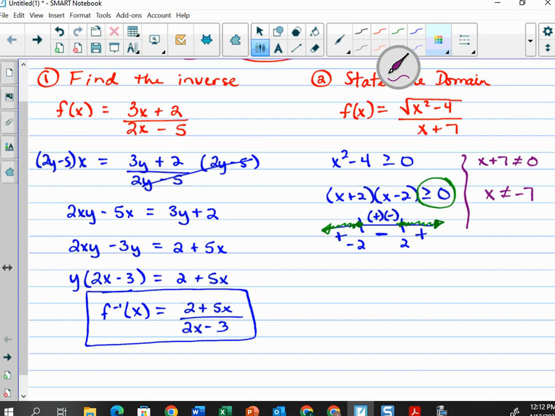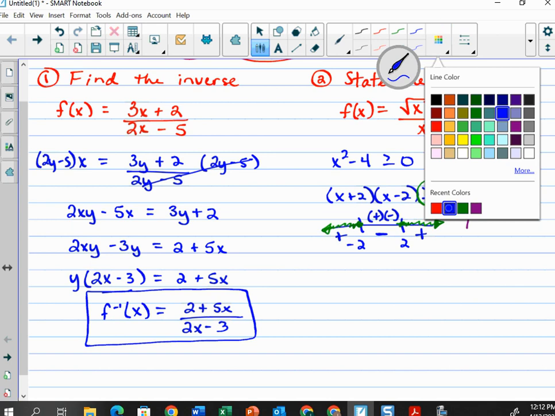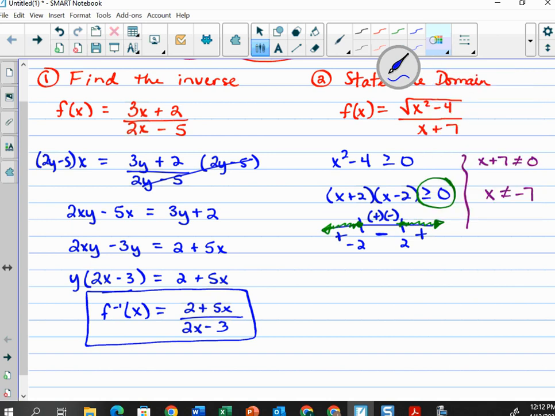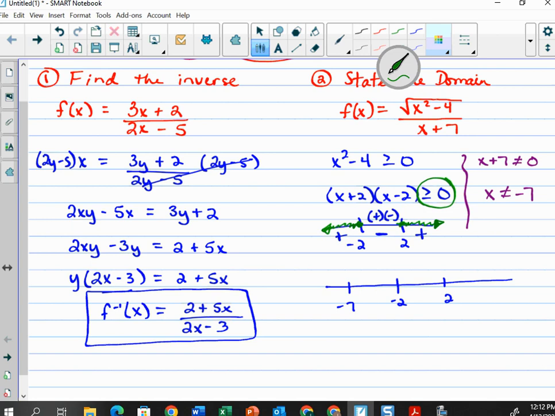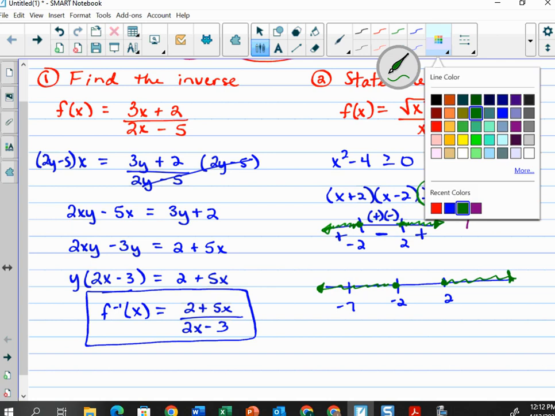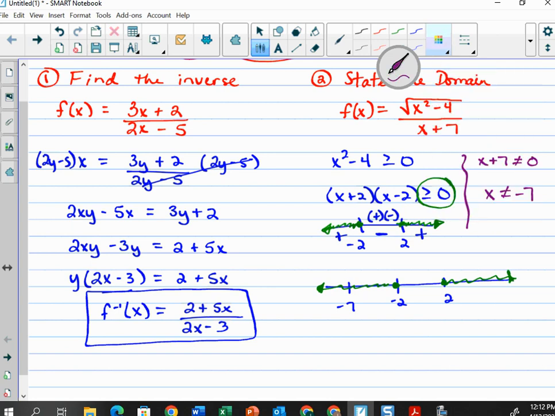Okay. Yep. Okay, so guys, I'm not making a new number line here. I'm just drawing this one bigger so we can see everything that's happening. With our initial number line, we came up with this, right? Yeah. And then we said x cannot equal negative 7.